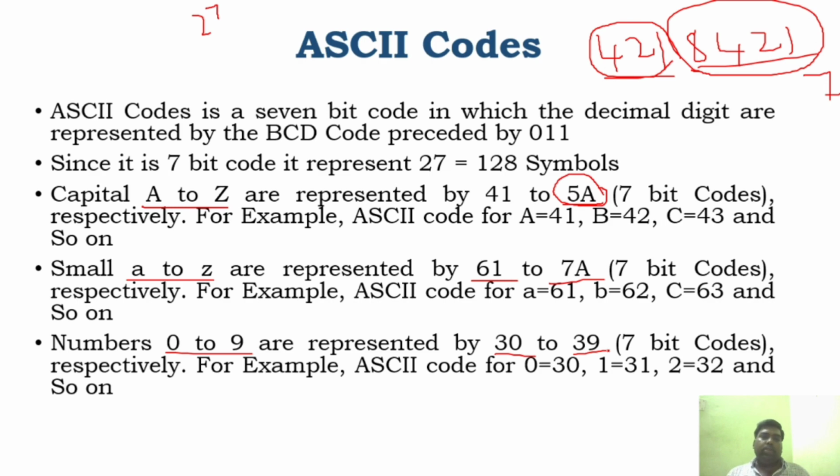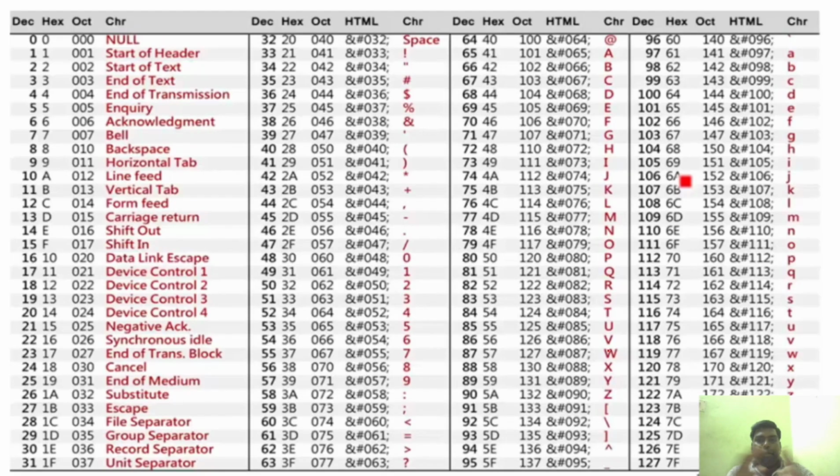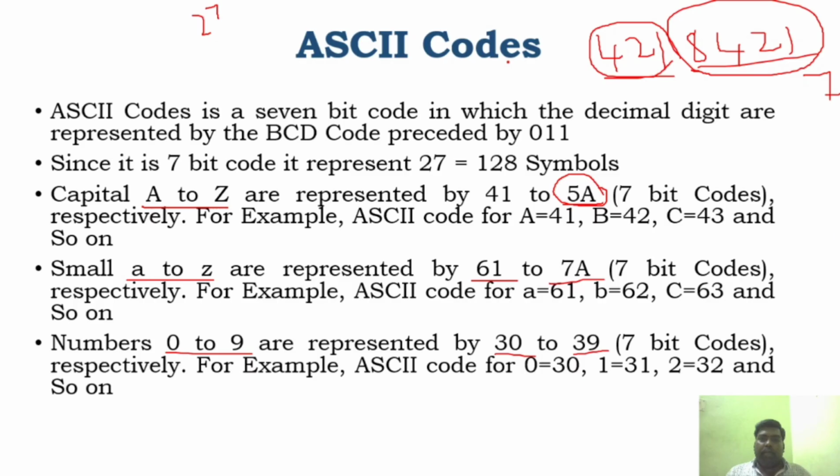And similarly for numbers 0 to 9, it starts from 30 and ends at 39. Okay, and now you see this is the complete ASCII table, right? What is the decimal value, what is the hexadecimal value, how the ASCII characters are represented. If it is ASCII A, then for the computer it is represented as 41, that is in hexadecimal the value is 41. And that is why if it is A, we call it 41 in ASCII. And we say that from A to capital Z it is 41 to 5A, right?